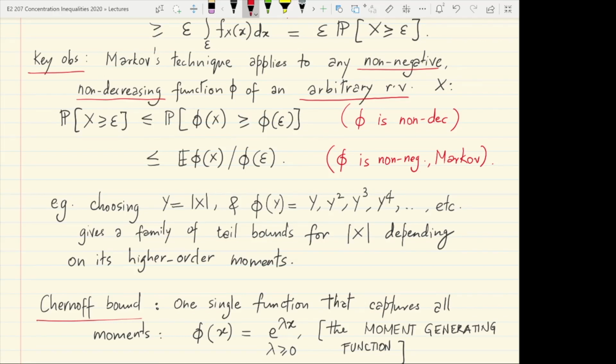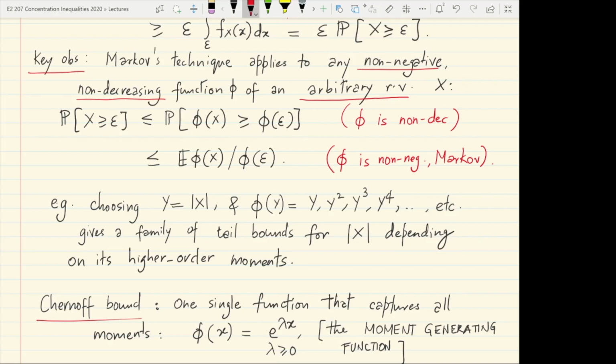As long as Y is non-negative, which it is in this case, phi of y is indeed a non-negative non-decreasing function, and you could think of applying this method to Y to give you a family of tail bounds for the random variable modulus of X depending on its higher order moments. So on the right hand side you would get things like expected value of Y, or expected value of Y square, or Y cube, or Y raised to 4, which can be thought of as the family of higher order moments of X.